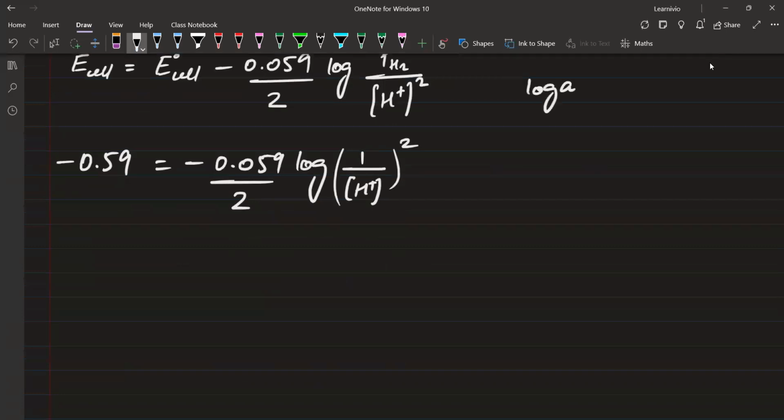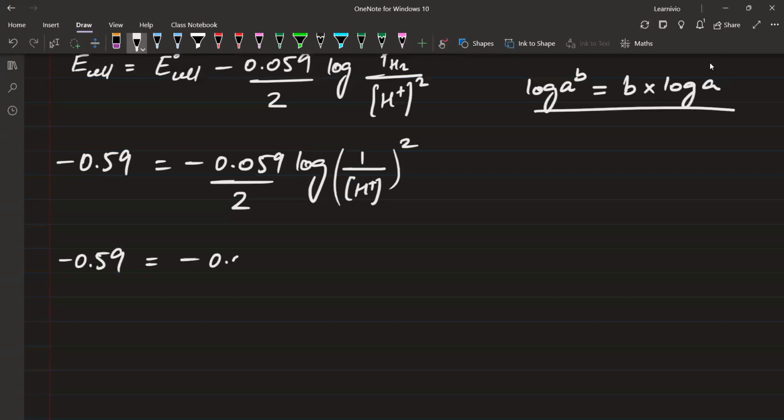Now, log a to the power b, it is equal to b times log a. So using this identity, this 2 will come down and it will be 0.59 is equal to minus 0.059 divided by 2, and this 2 will come down, it will become 2 log of 1 upon H plus.